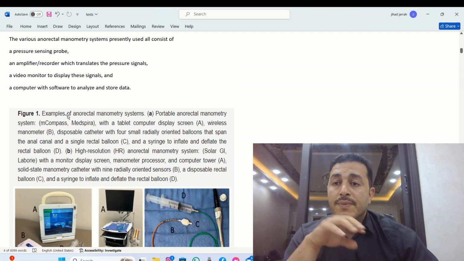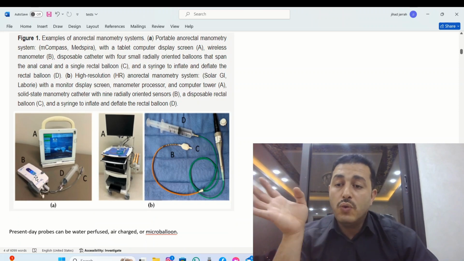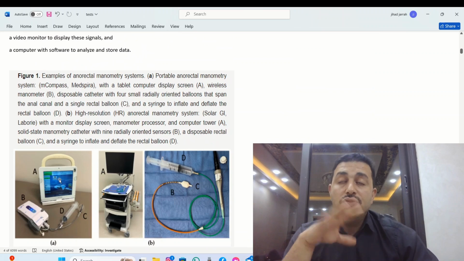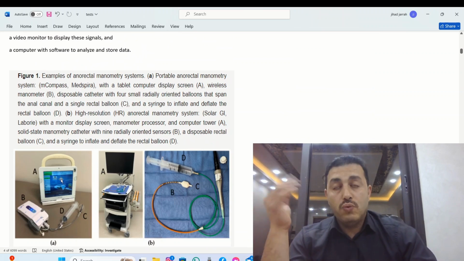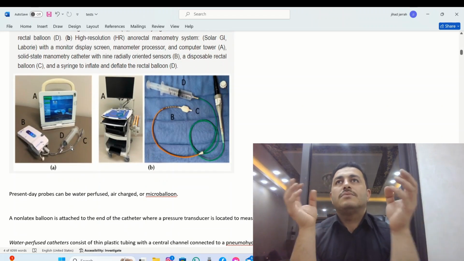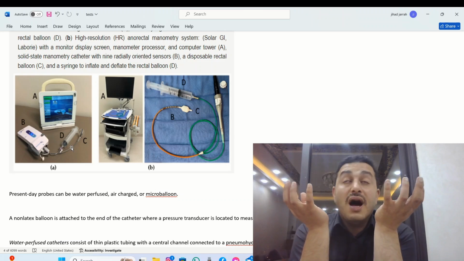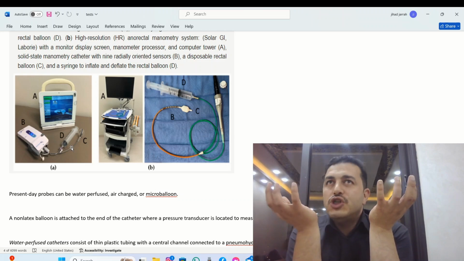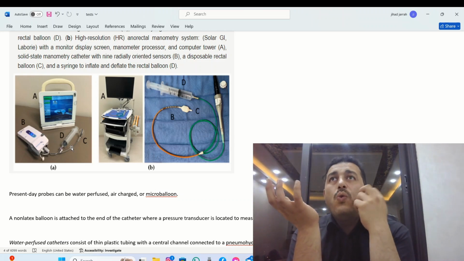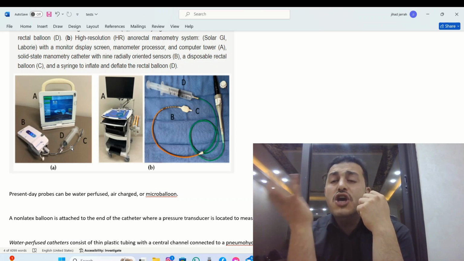And we have also the recorder. Here is the recorder, which, according to the frequency, detects the change in the pressure. And we have simply a video monitor that displays and shows us the differences in pressure. To make it simple, we have two types of anal manometry: the conventional, traditional, classic type, which is water perfused, using water, or air charged.